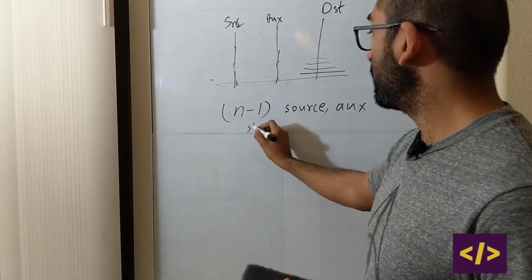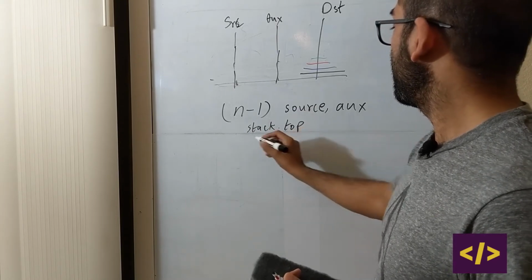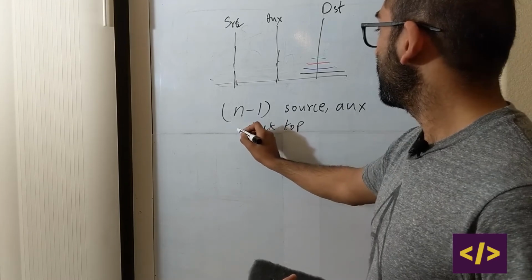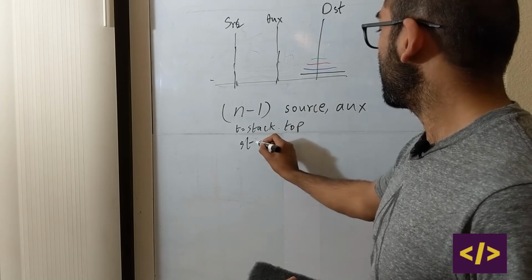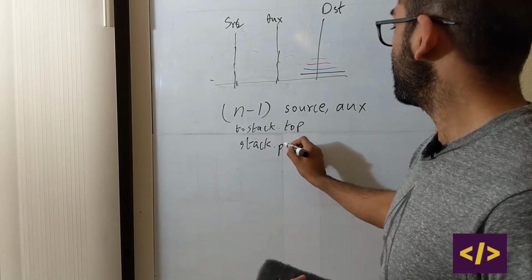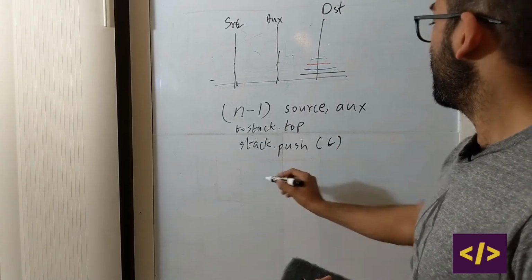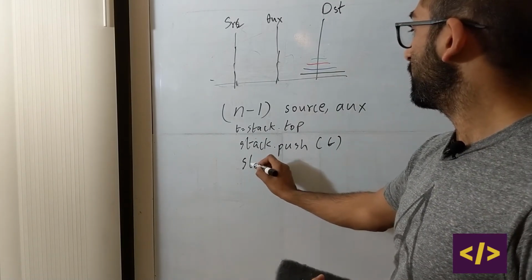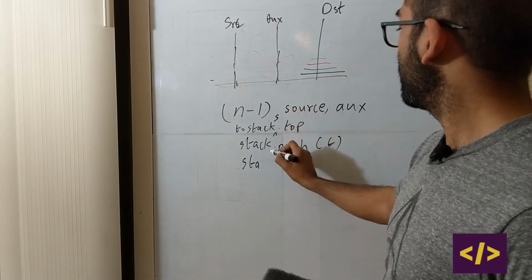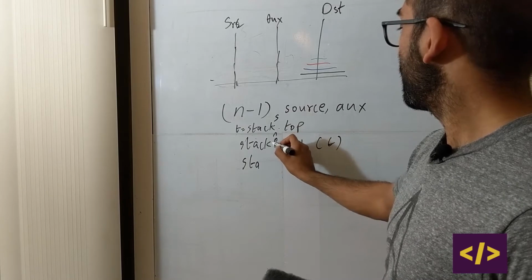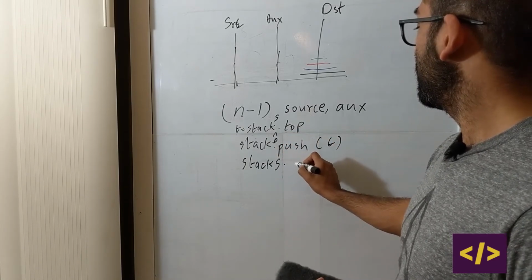And then once you move this guy, so what are we going to do? We're going to do a stack dot top and then we're going to stack dot push into the destination T, and then we're going to do stack of source dot pop.